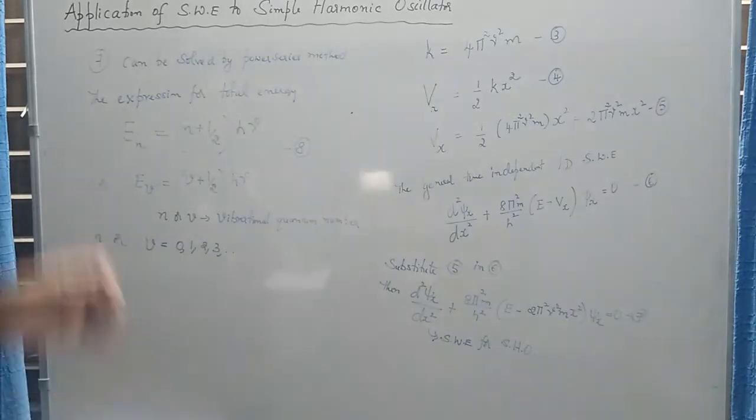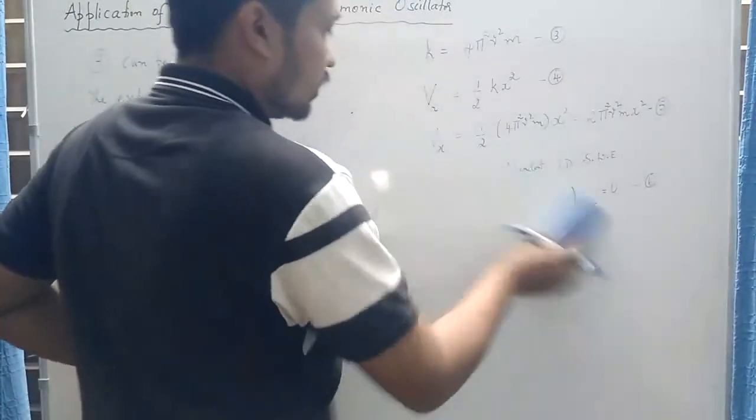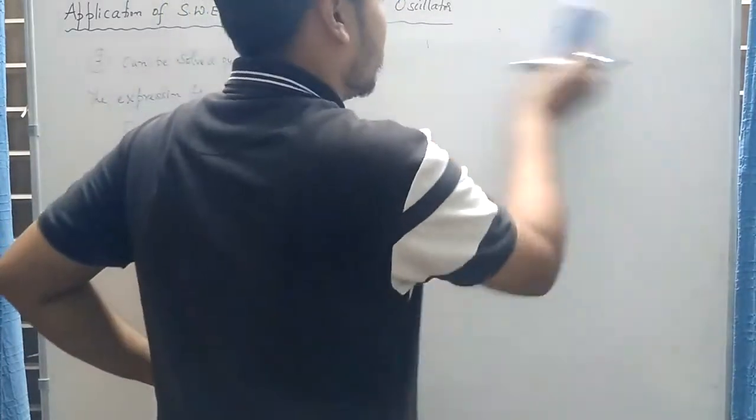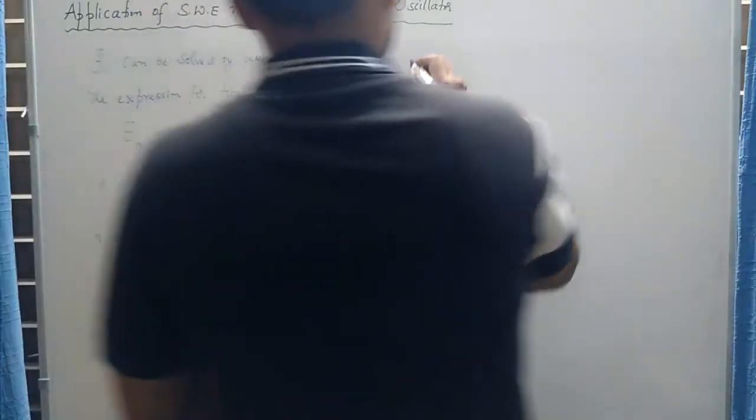As I already told you many times, when a Schrodinger wave equation is solved, we get two pieces of information. One is the total energy, another is the expression for the eigen function. How to obtain this is again not required. We will directly write the expression for the eigen function.